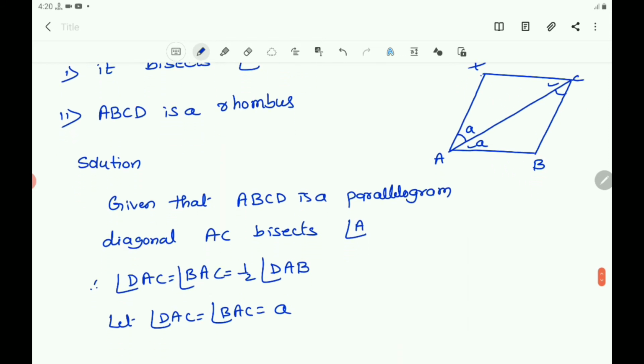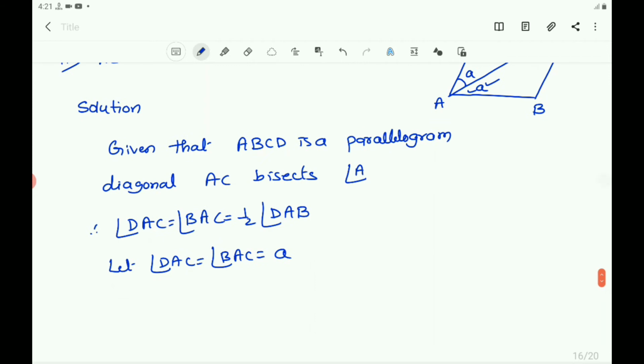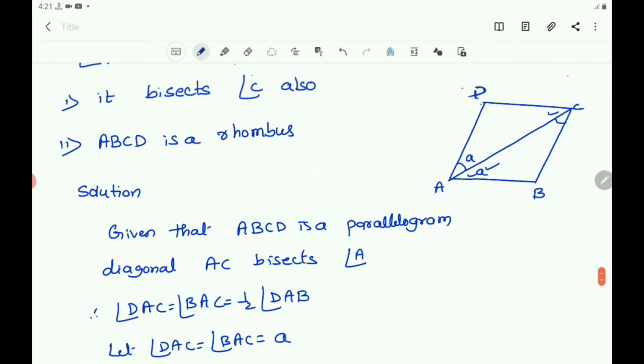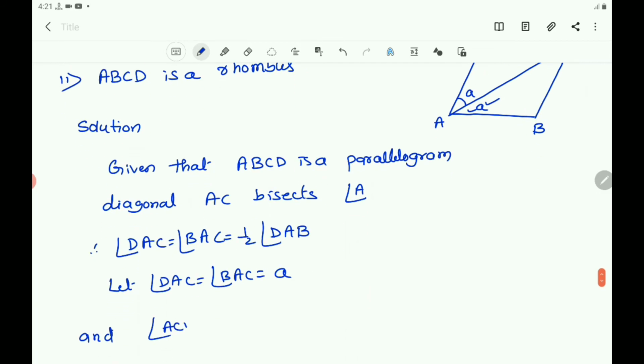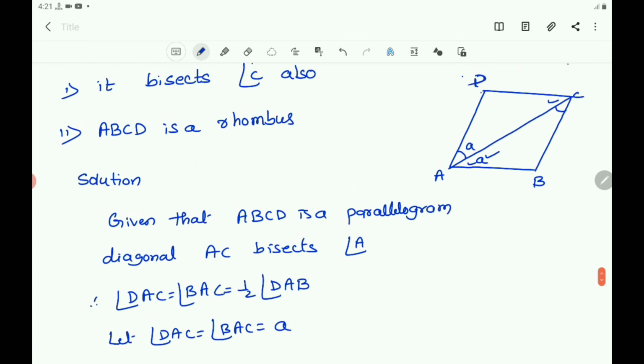And also here you know that angle ACD is equal to what? Angle CAB. Angle ACD equals angle CAB, you write, and angle ACD equals angle BAC.